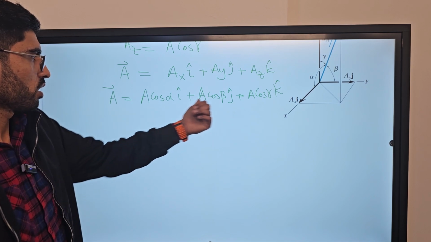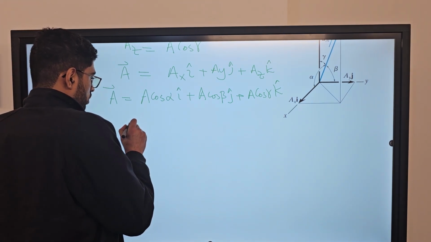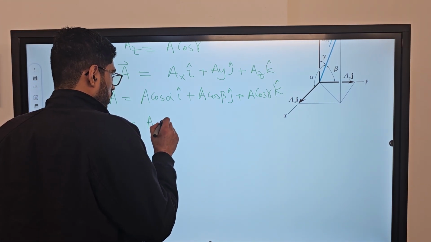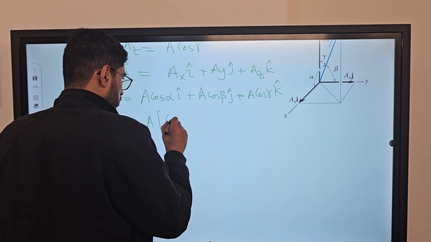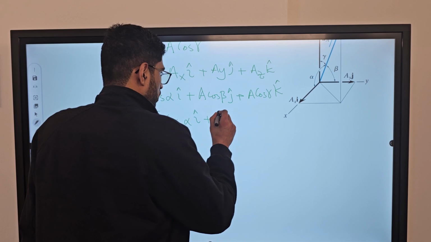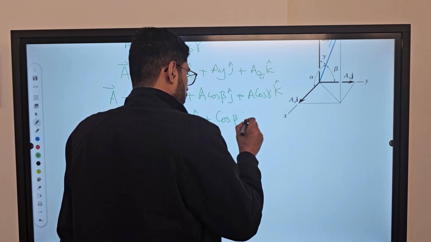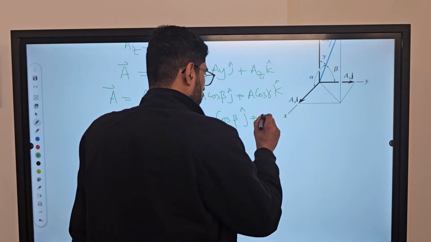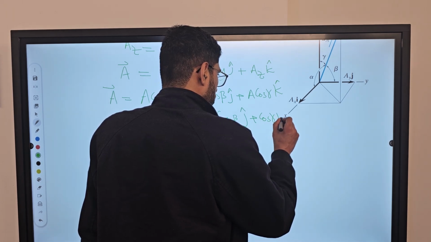And similarly, if I take this a common, we can say that this is equal to a magnitude multiplied by cos of alpha i, cos of beta j, and cos of gamma k.